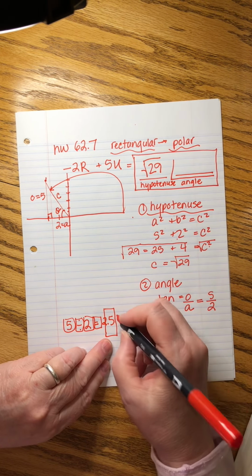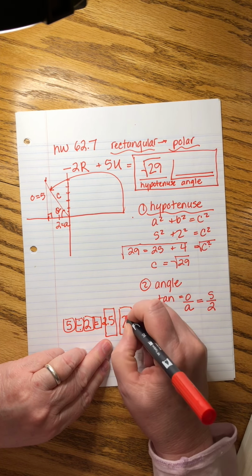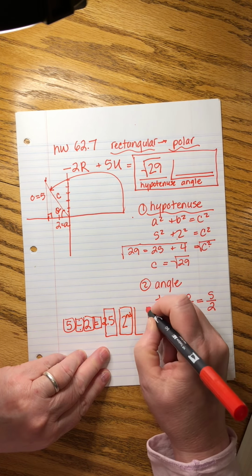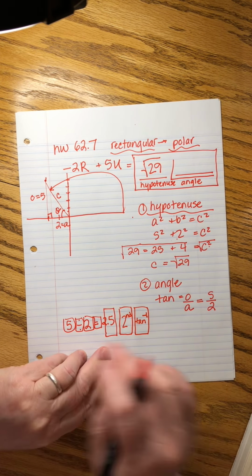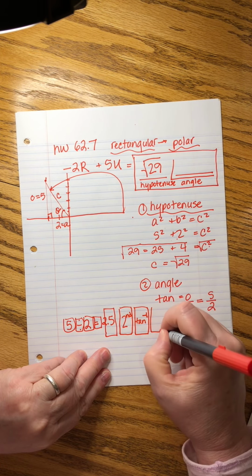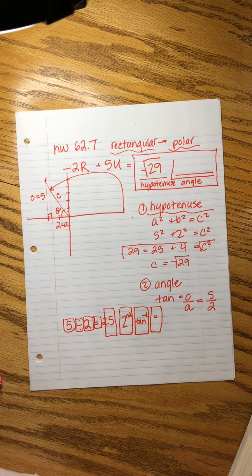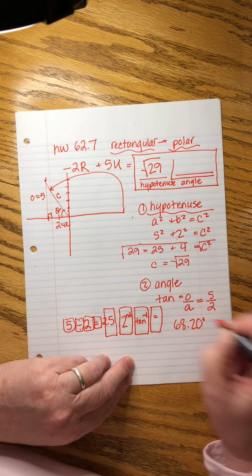Then what you want to do is take that, your 2.5, and then go second, right, to get the second set of keys. And then you want to go, it's called inverse tangent, but it looks like that. You want to hit that, and then go equals, and what you will get is 68.20 degrees.